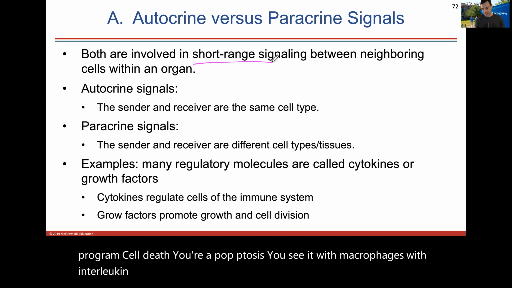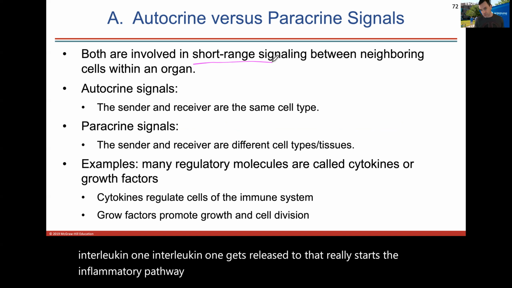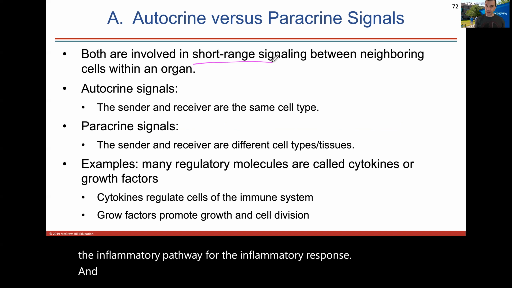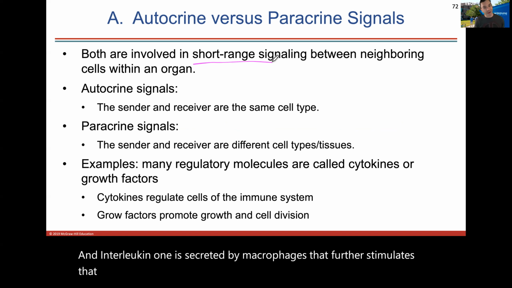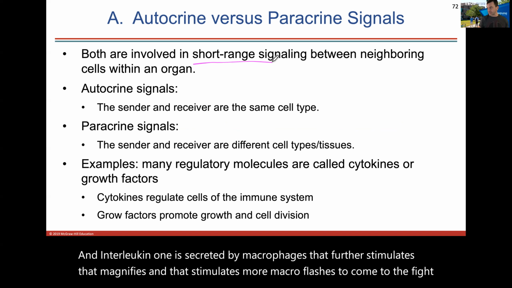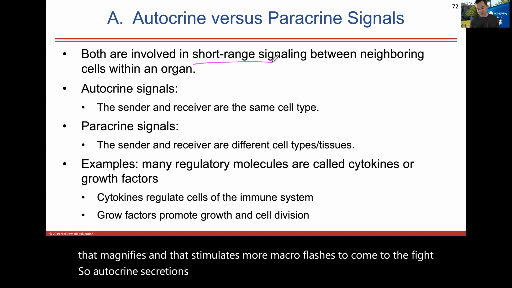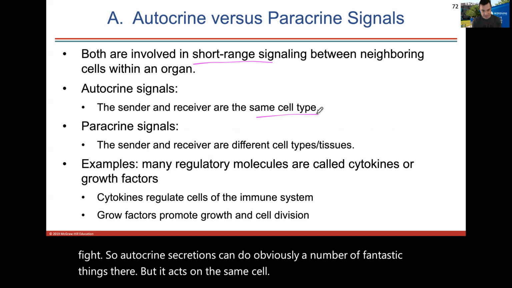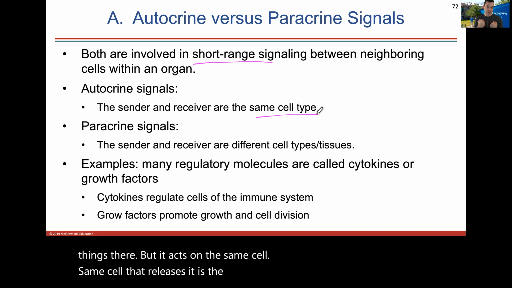Interleukin 1 gets released, and that really starts the inflammatory pathway for the inflammatory response. And interleukin 1 is secreted by macrophages, that further stimulates that macrophage, and that stimulates more macrophages to come to the fight. So autocrine secretions can do obviously a number of fantastic things there, but it acts on the same cell. The same cell that releases it is the same cell that receives it.